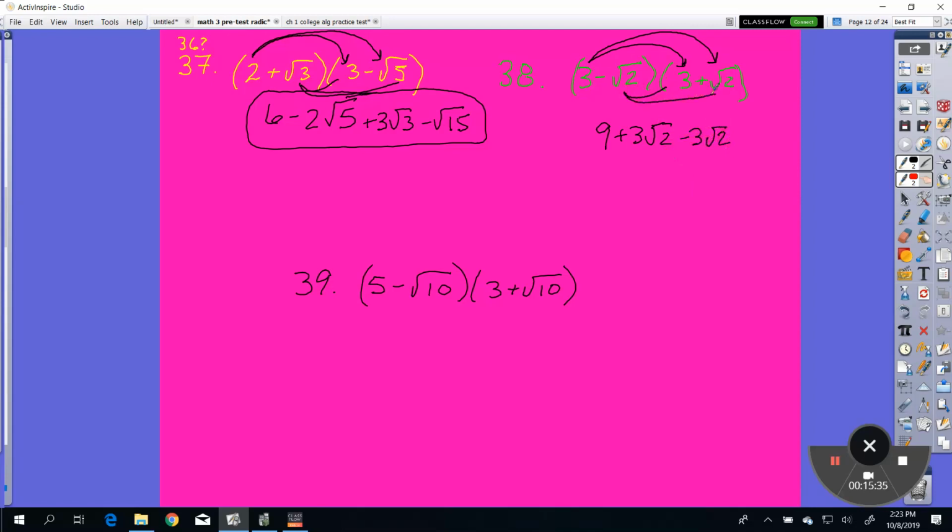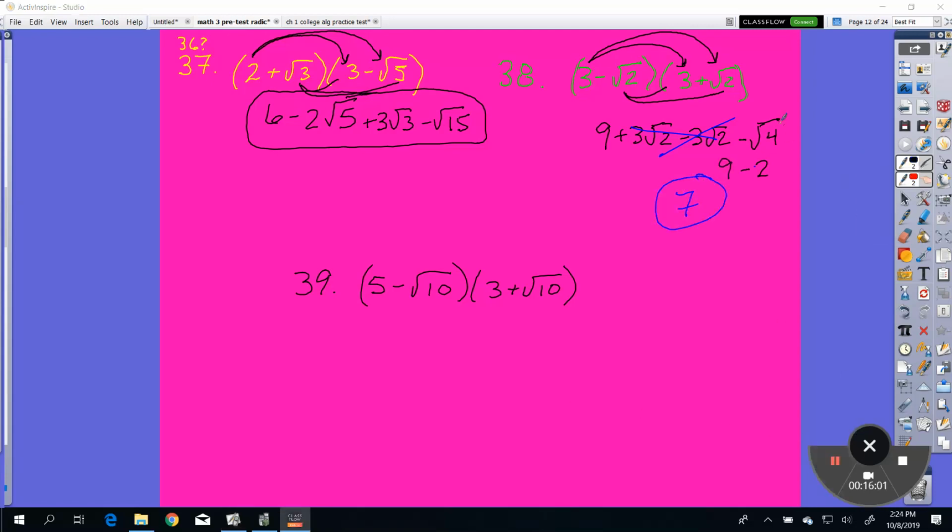And we have negative square roots of 2 times square roots of 2. So that makes negative square roots of 4. And the square root of 4 is just 2. So in the middle we have a positive 3 square roots of 2 minus 3 square roots of 2. So those cancel out, and we're left with 9 minus 2, which is 7. So 7 is our answer.